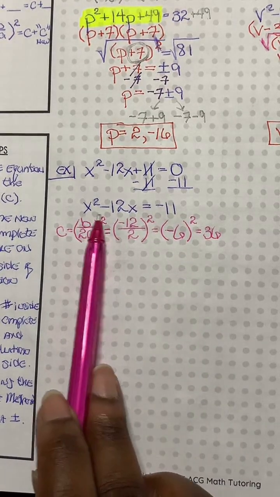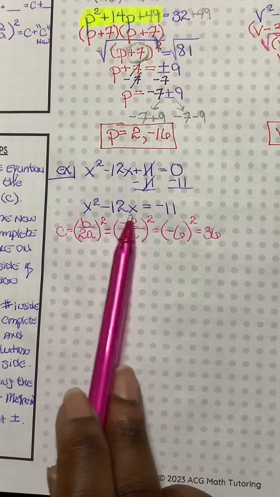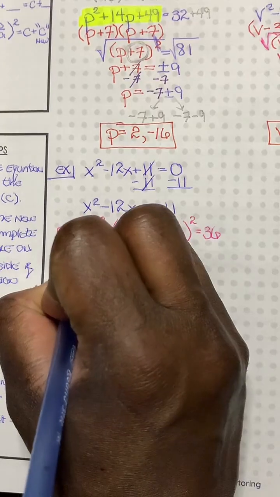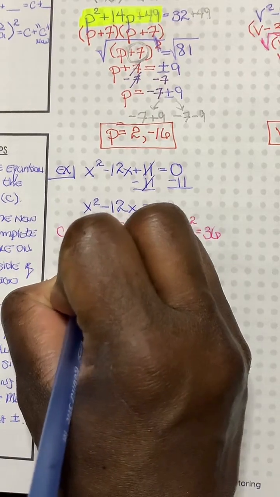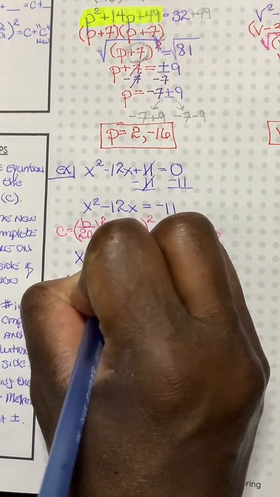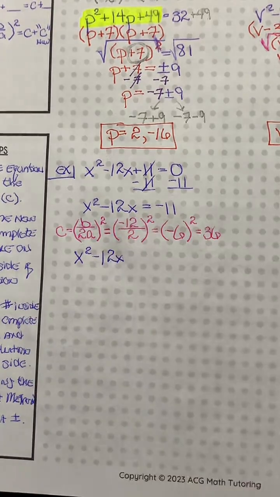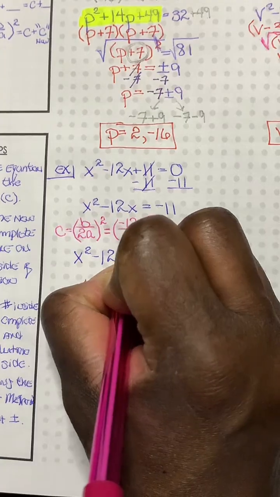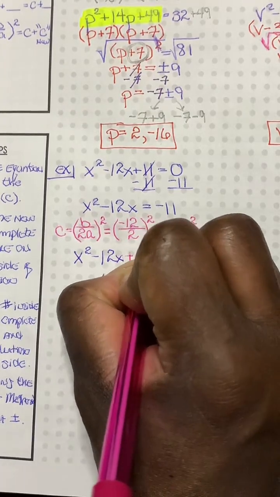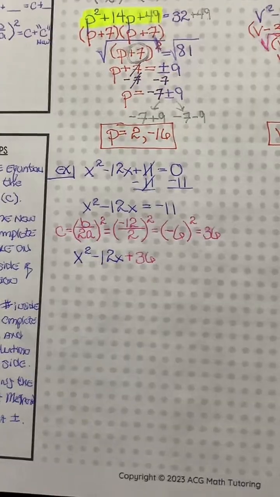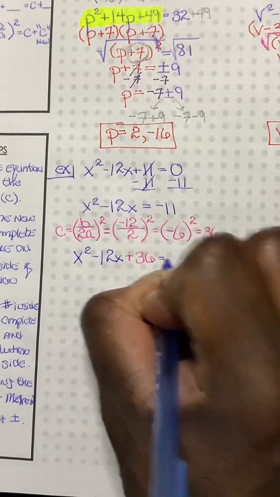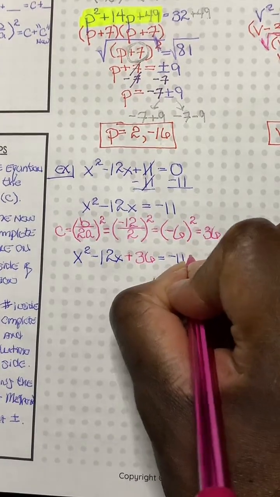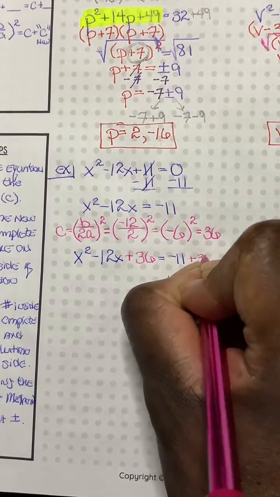So now we're going to rewrite the beginning of our equation. We have x squared minus 12x. And then we're going to add the c that we just found, plus 36, equals our negative 11 and plus 36.